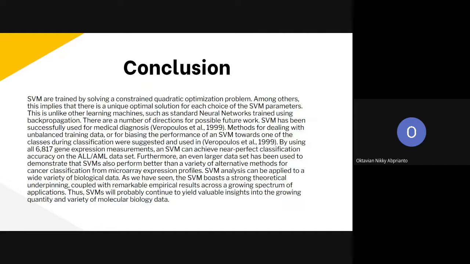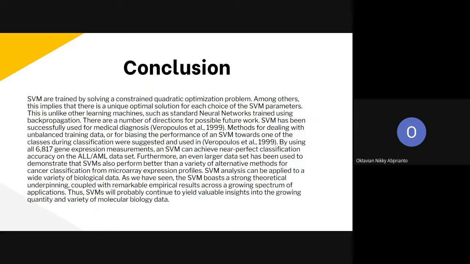There are a number of directions for possible future work. SVM has been successfully used for medical diagnosis by Furey et al. in 1999. Methods for dealing with unbalanced training data, or for biasing the performance of an SVM towards one of the classes during classification, were suggested and used by Furey et al. in 1999.